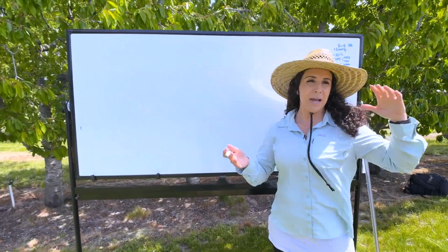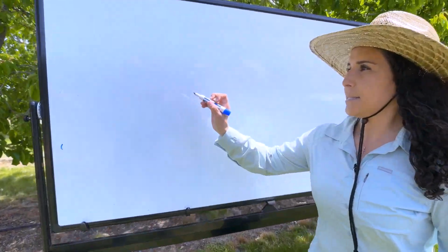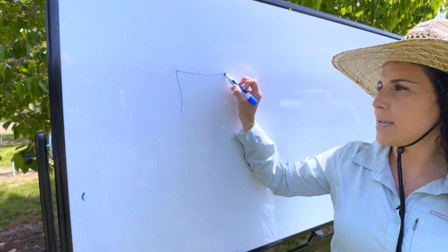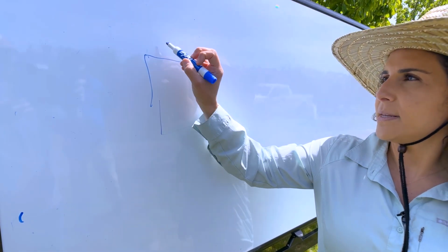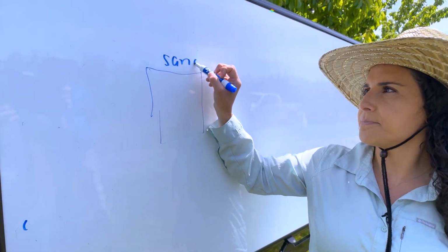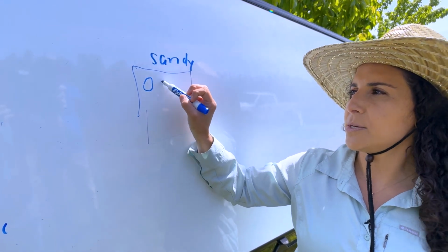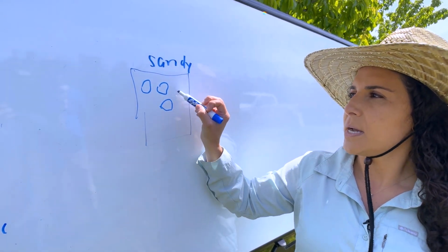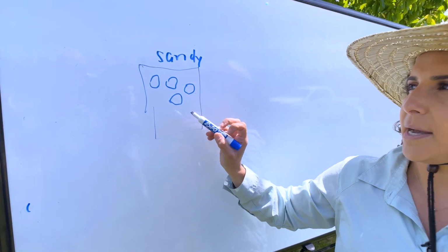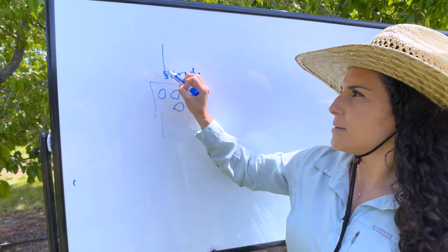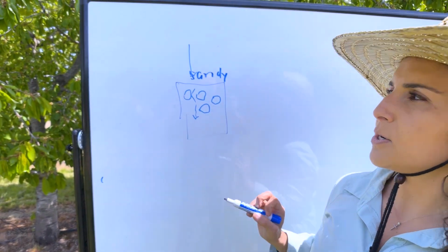Imagine we have a bucket and that's your soil. So we have a bucket here with sandy soil, and sandy soils have bigger particles, and those particles are seen to our eyes. So when we irrigate, water percolates very quickly.